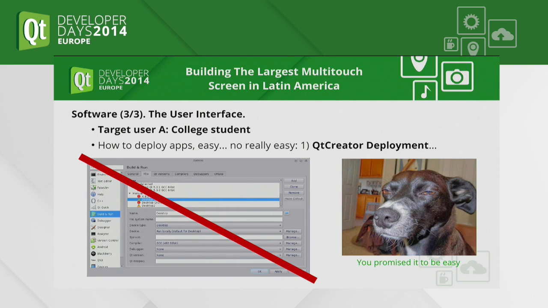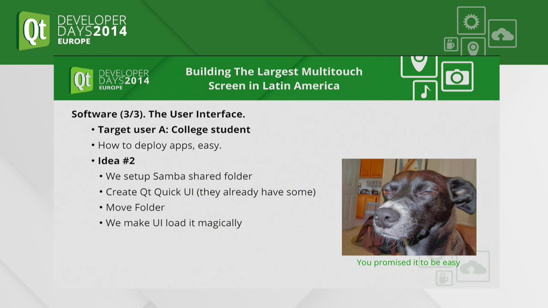And what we found is that they found it really easy to use the wizard to create a new project, create a new user interface, and without compiling anything, just go and hit play. So that's what we tried to reproduce. We allow them to create a user interface. We allow them to do what they already know, and we set up a Samba shared folder.